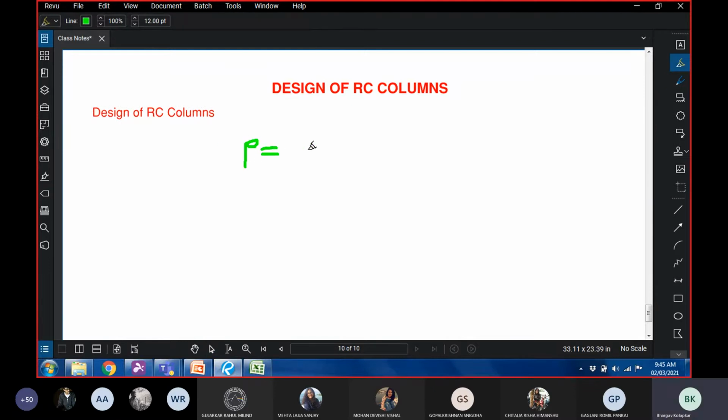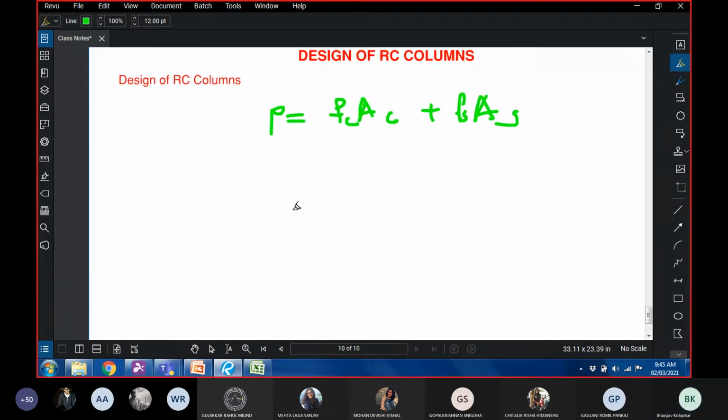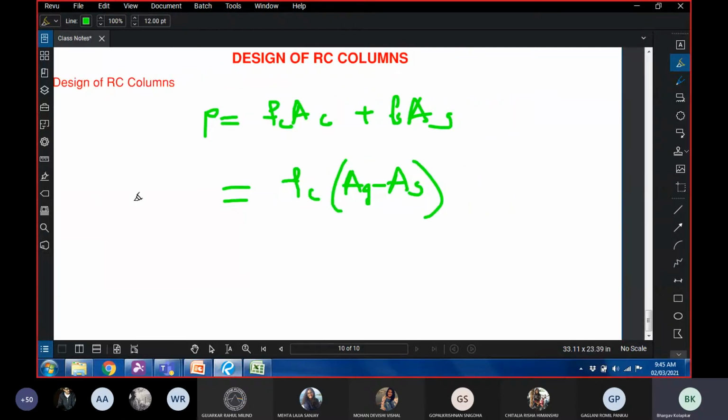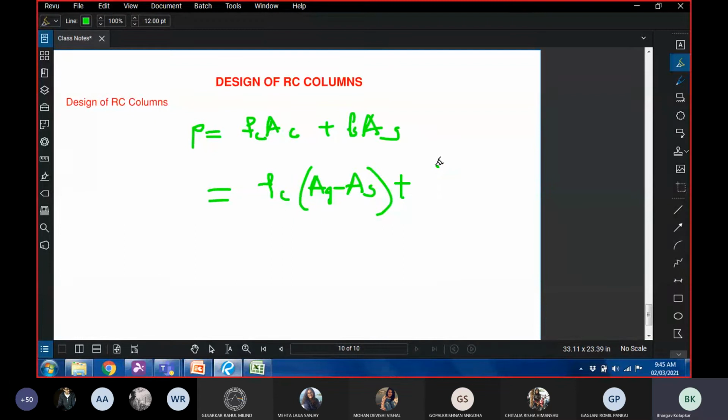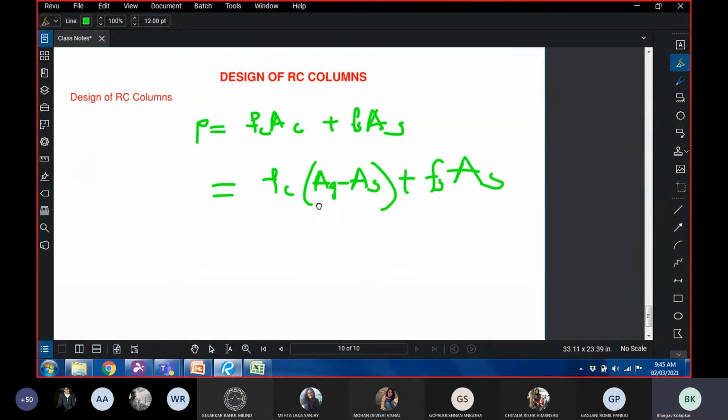the final axial load is equal to the stress in concrete times the area of concrete plus the stress in steel times the area of steel. So I can rewrite this as the stress in concrete times the gross area minus the area of steel, plus the stress in steel times the area of steel.